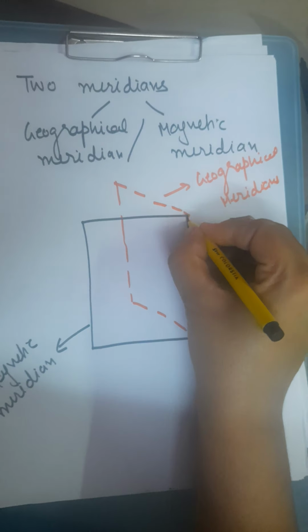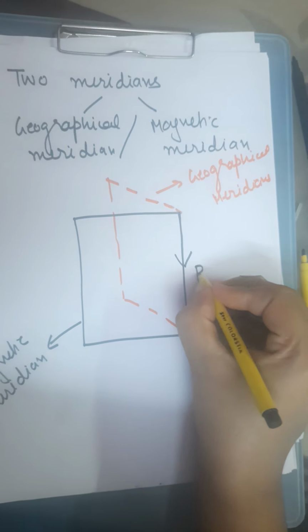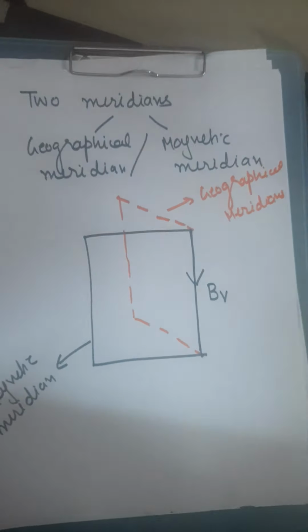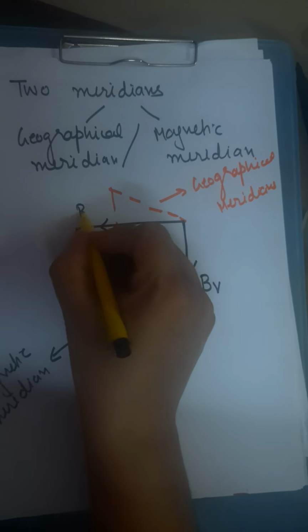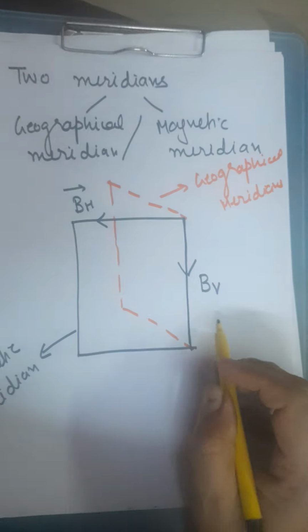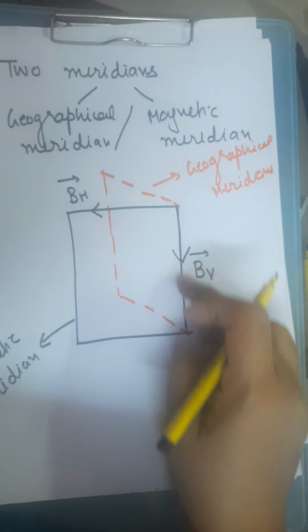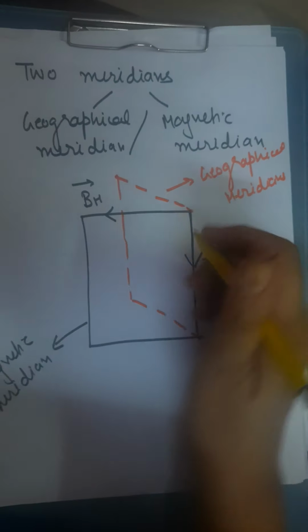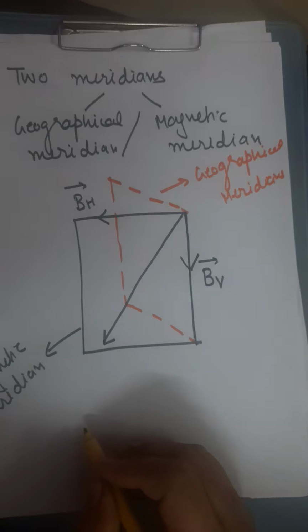Now the component which is going vertically downward, children, is the vertical component, and a component which is going horizontally like this is called the horizontal component. You know magnetic field is a vector. One vector is going this way, another is going this way, then their resultant, I hope you remember parallelogram type things.